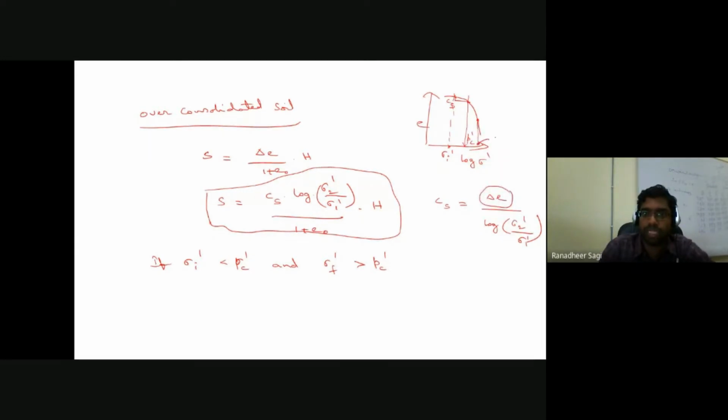So the initial effective stress corresponds to the over consolidated condition of the soil, and the final effective stress developed in the soil refers to your normally consolidated state of the soil.